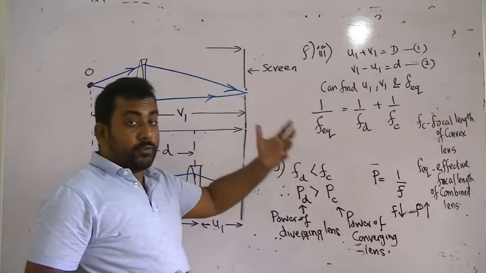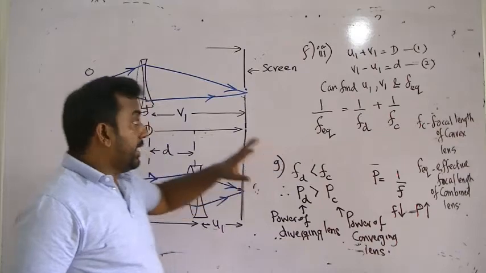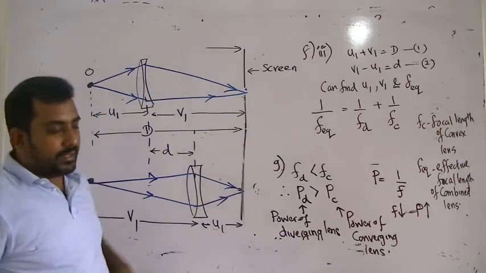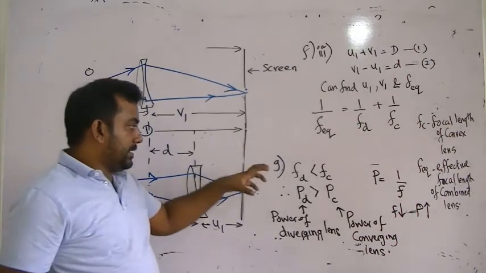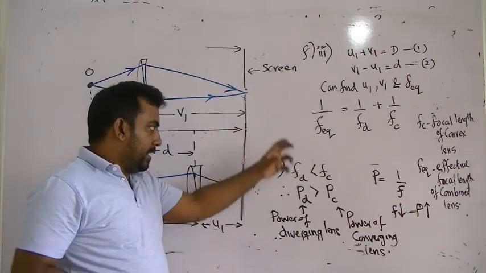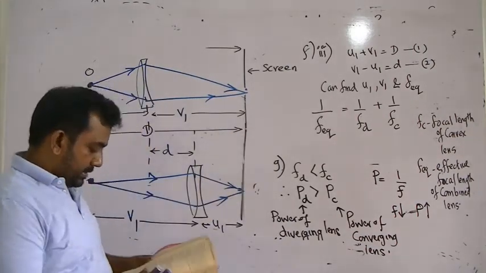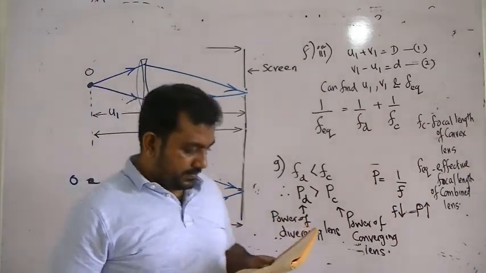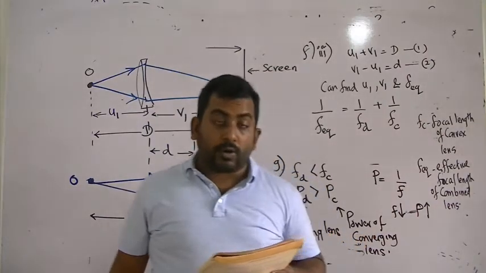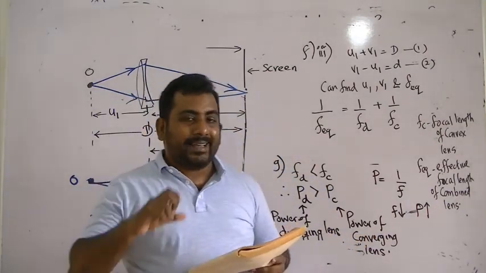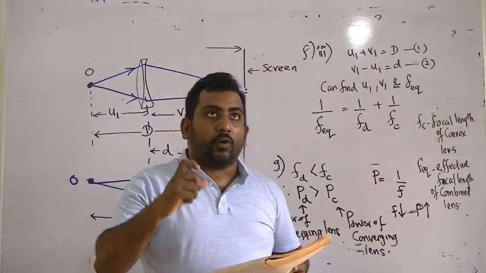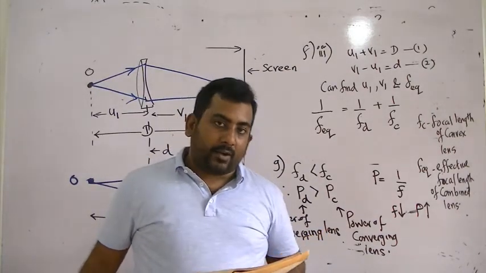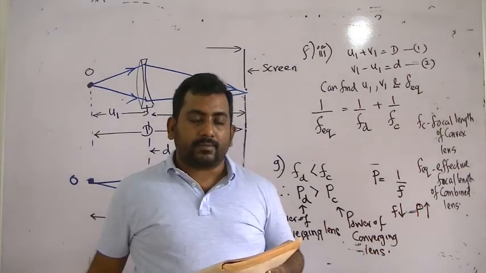That means the effective focal length is diverging, and therefore we cannot form a real image on the screen.